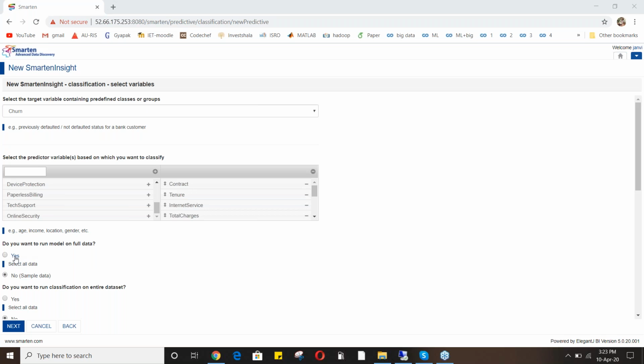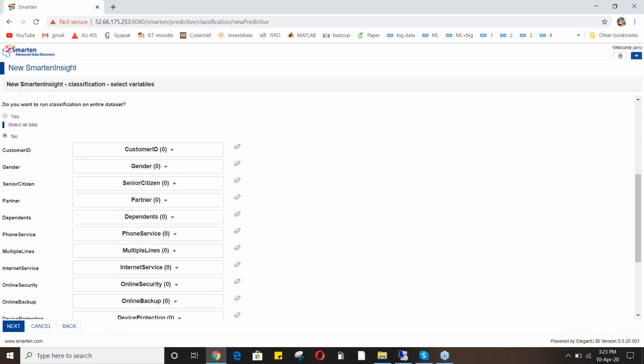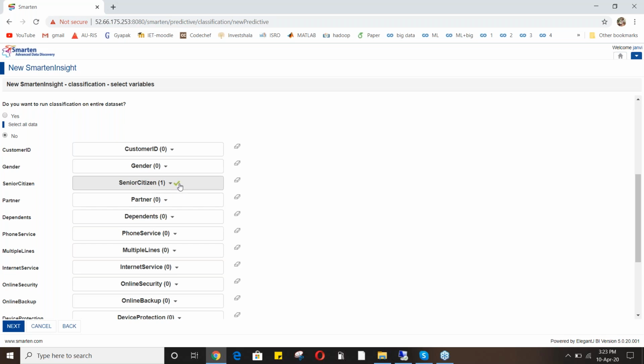So I'm just saying yes to this, that I will run my model on the full data. And the next is, do you want to run classification on a filtered data set? So here is the option where we can select some filters. For example, I need only senior citizens. So I will select yes, and then we can filter our data this way.